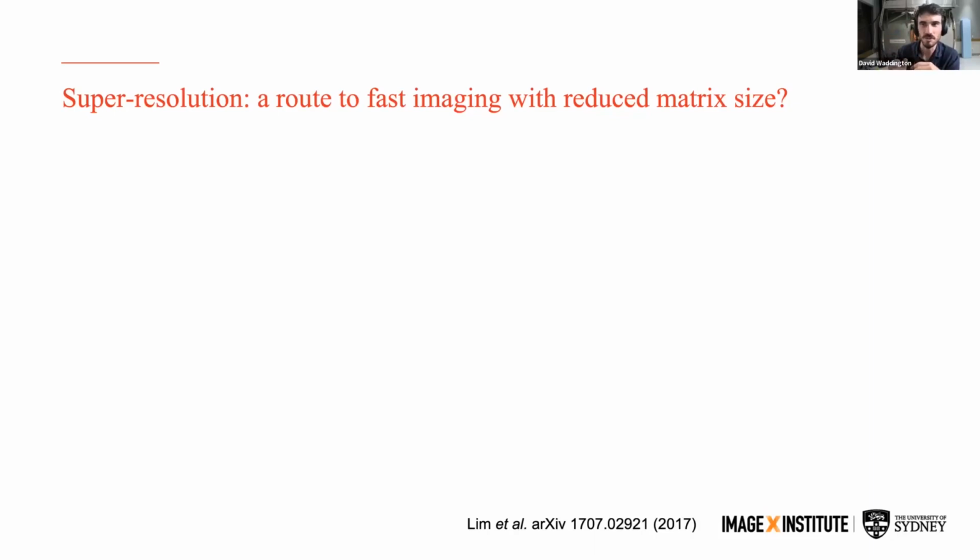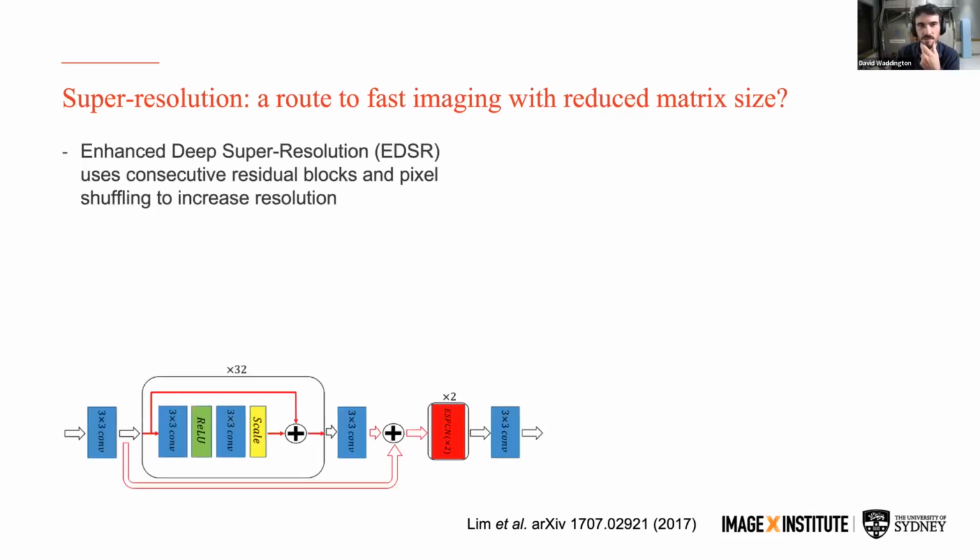And now super resolution really has enabled huge advances in terms of what's possible in post-processing and image enhancement. So EDSR, enhanced deep super resolution, is one of the leading networks for this. For those of you that do AI stuff, it uses a bunch of residual blocks and pixel shuffling to increase the resolution.